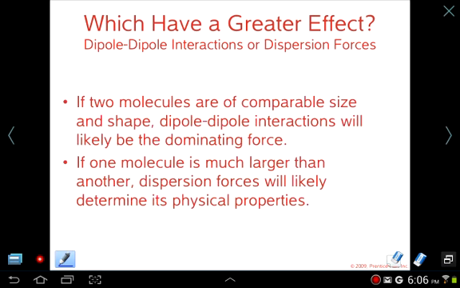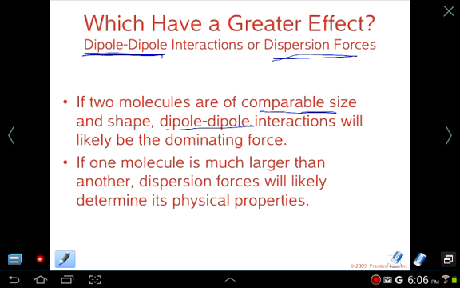So the question is, which has the greater effect? Is it more important to have a higher polarity, or is it more important to be bigger in terms of your electron cloud? Well, here it says if they are of comparable size, then the dipole interaction will win. It'll be the dominating force.